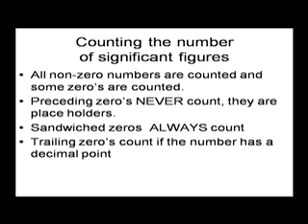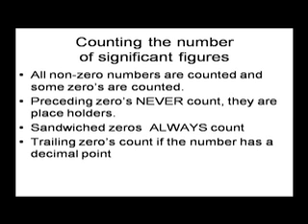The important idea is that all preceding zeros are not significant. They're just placeholders, so they're not counted as significant figures. Sandwich zeros are always significant. And trailing zeros are significant only if the number has a decimal point.